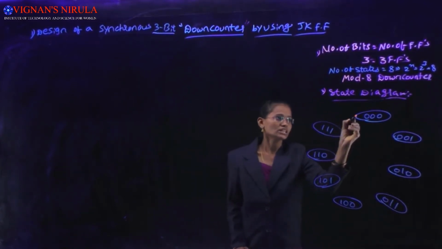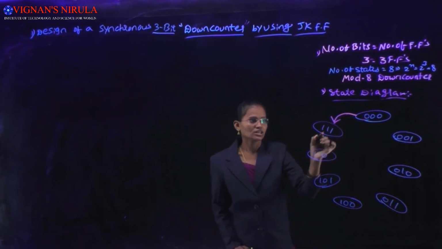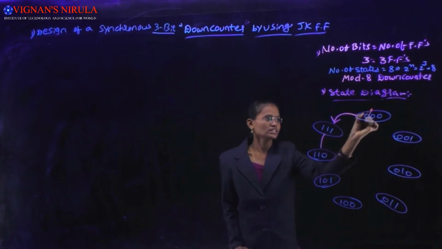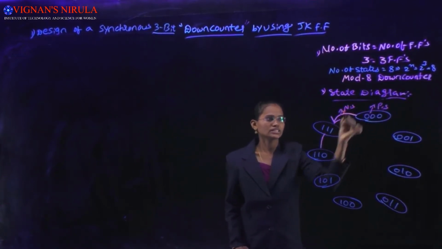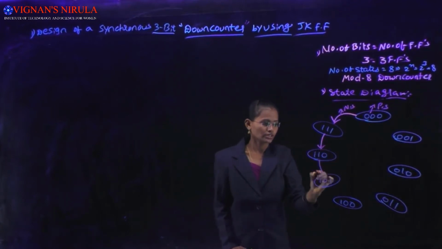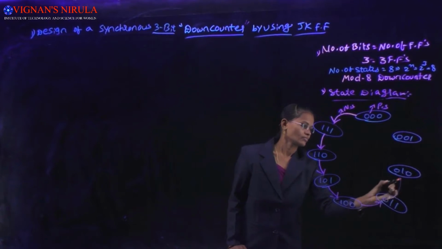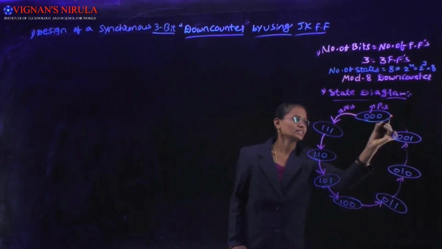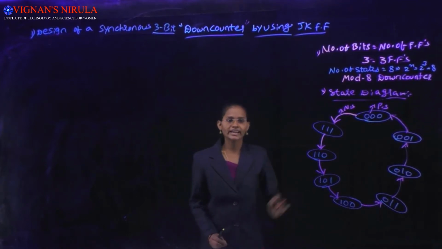This is the down counter. This is the present state, and this is the next state. This is the down counter state diagram.